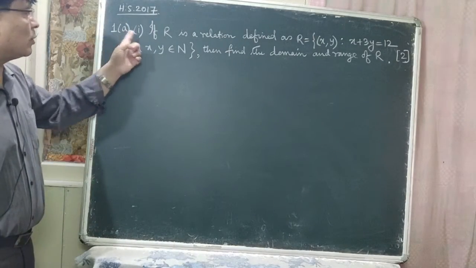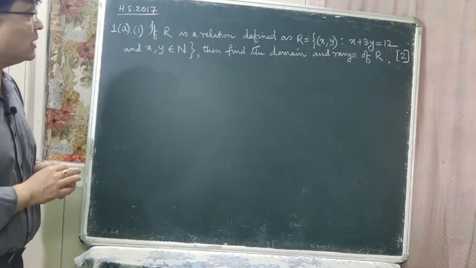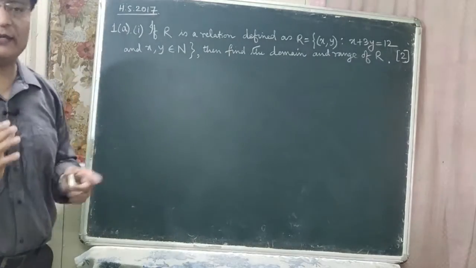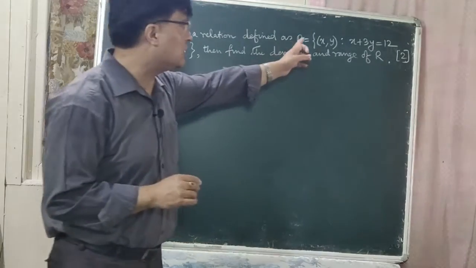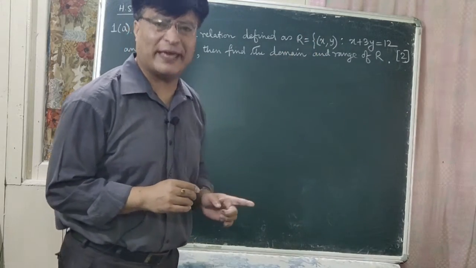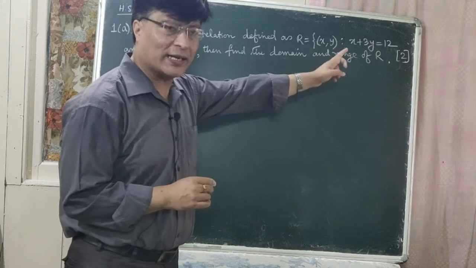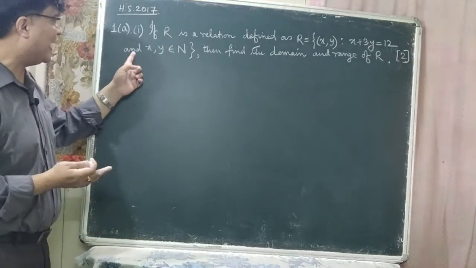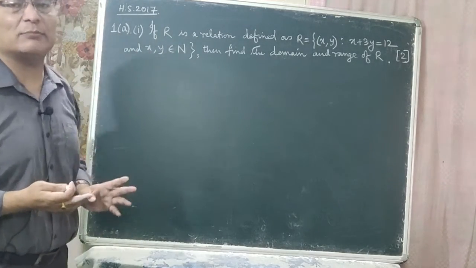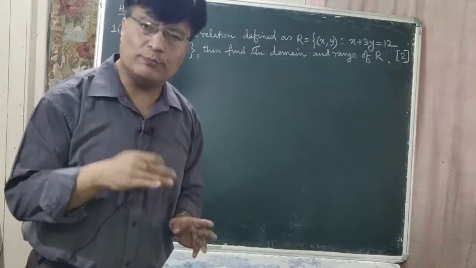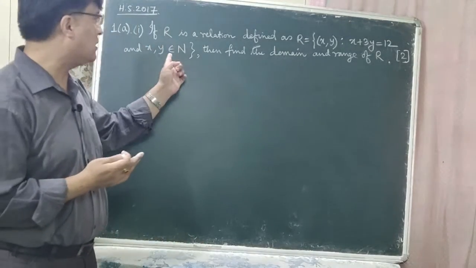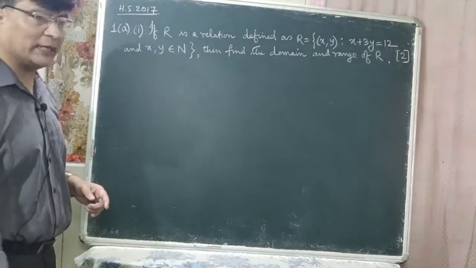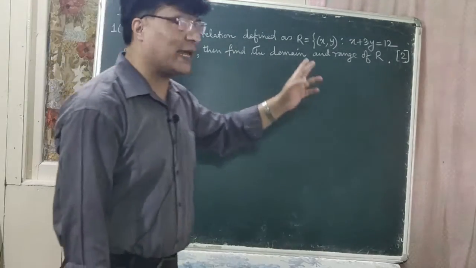So 1A, number 1 is, if R is a relation defined as R is equal to the set of ordered pairs x comma y, such that x plus 3y is equal to 12 and x comma y belongs to the natural numbers. x and y should belong to the natural numbers, and the relation between x and y is x plus 3y is equal to 12. Then find the domain and range of R.